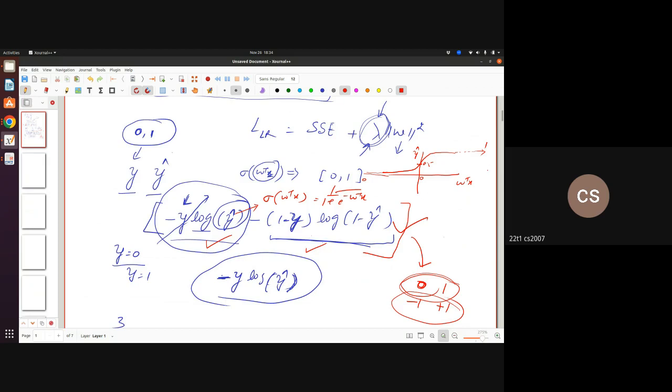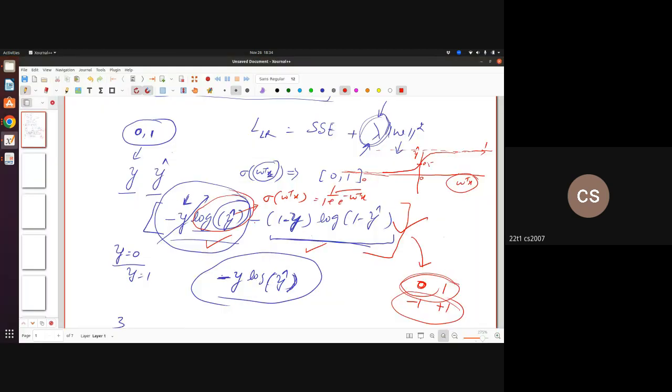So y hat cannot be exactly 0 or 1. It can be close, and it will be close only when w transpose x is a huge value. It never touches 1 and never touches 0. So the issue you're thinking of, taking log of 0, will not happen.